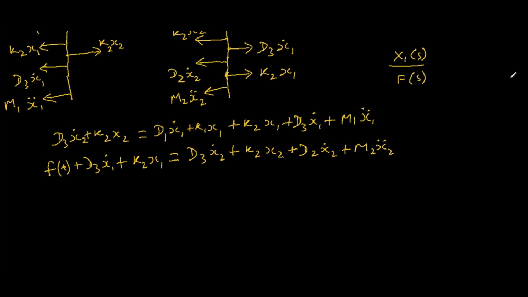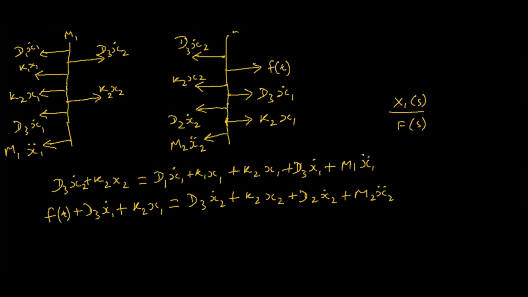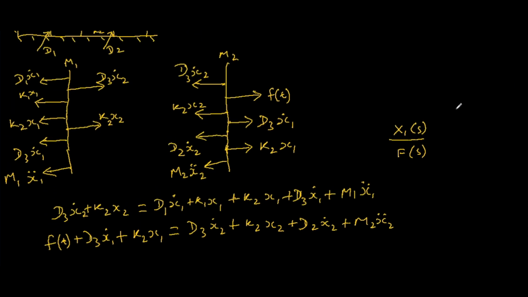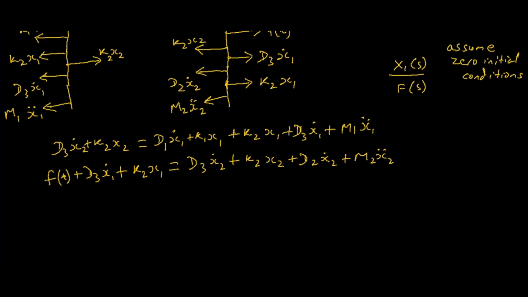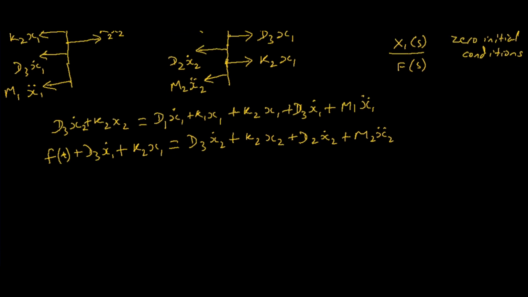Now, in order to arrive at a transfer function, we need to assume 0 initial conditions. Typically, the problem set or the question will tell us to assume 0 initial conditions, so we don't have to specify it. However, if we're not told, then we should specify that we're assuming 0 initial conditions.